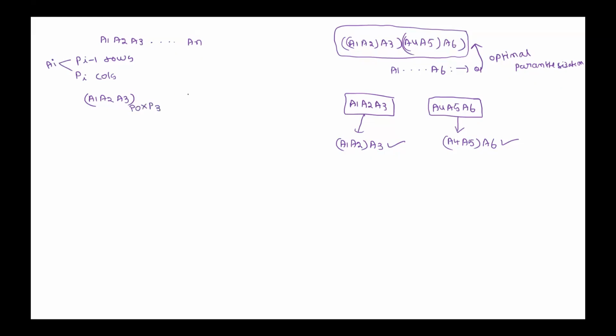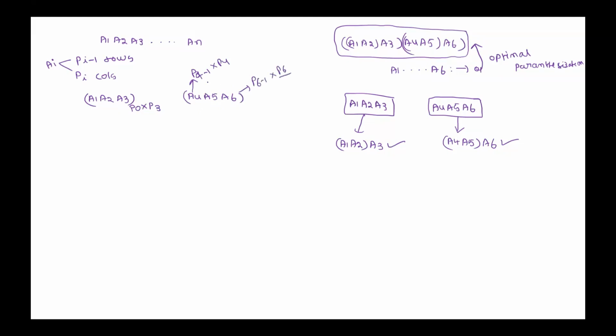However we multiply, what is the order of A4, A5, A6? What is the order of A4? It is P3, P4. This is P6 minus 1, P6.